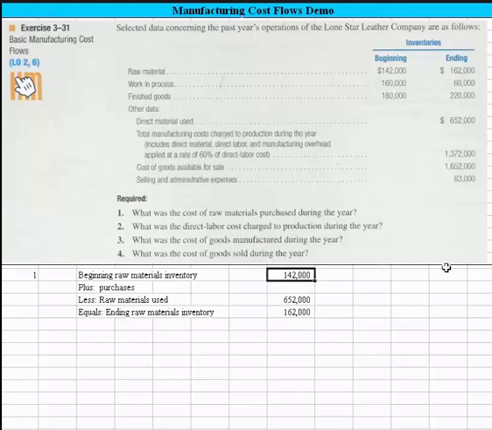Okay, well, if we know the beginning, and we know there must be some amount less the ending equals 162, all we have to do is solve for the missing amount.